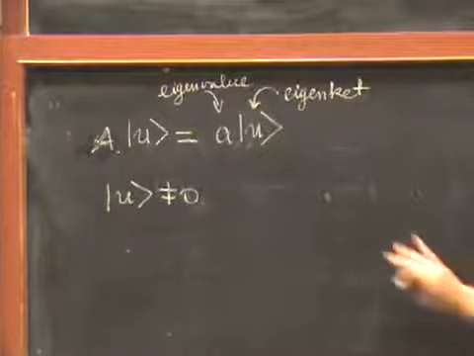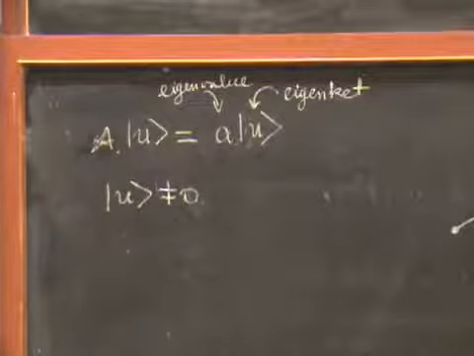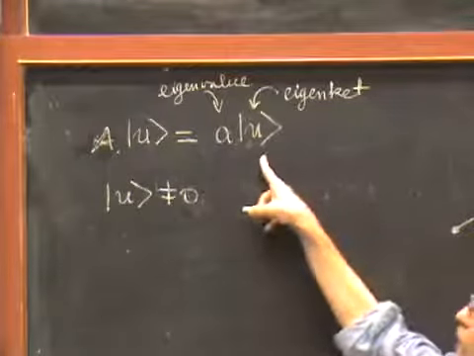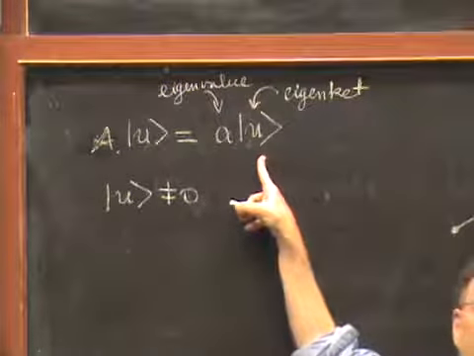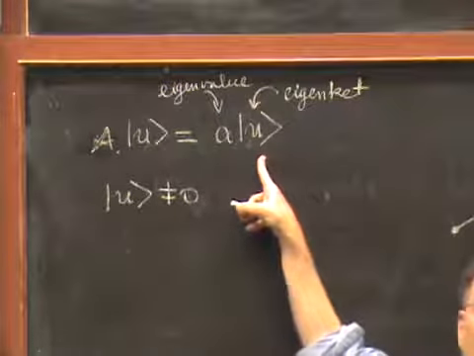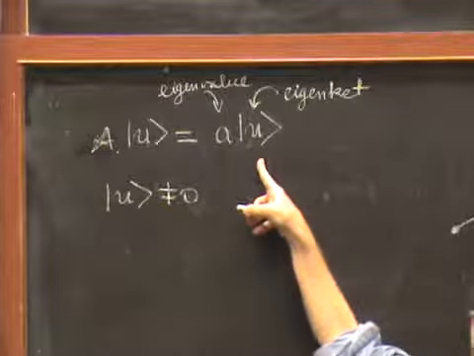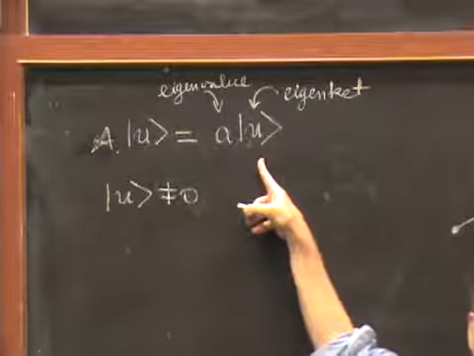So if U is a non-zero ket, then you can think of it as a vector that sticks off somewhere like this in the space in question. Here's the vector U, or the ket U. It's obvious from the eigenket eigenvalue equation, however, that if you multiply U by any complex constant, you get another eigenket. So this equation does not uniquely determine the eigenket, only to within a multiplicative constant.